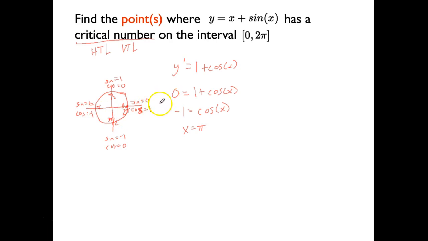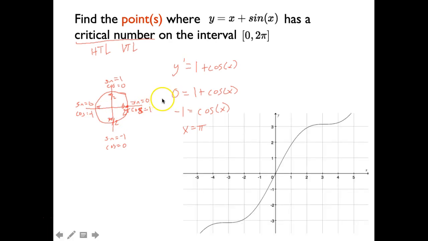Now, I do have a graph of this one, so you can see it. We said that it has a horizontal tangent line or a slope of 0 at pi. Check out this graph. Now pi, remember pi is 3.14, which would be somewhere around here. And if you look at it, it has a slope of 0, a flat slope. Yeah?